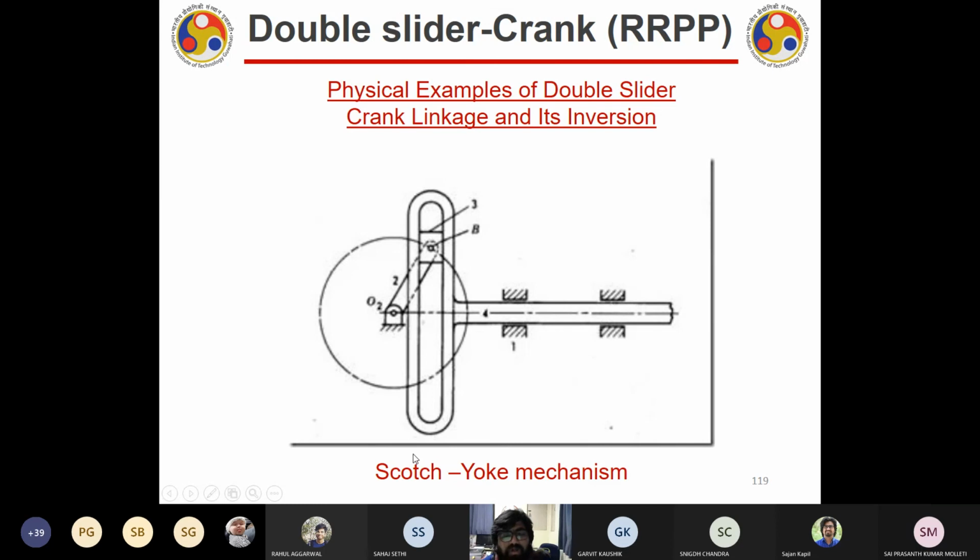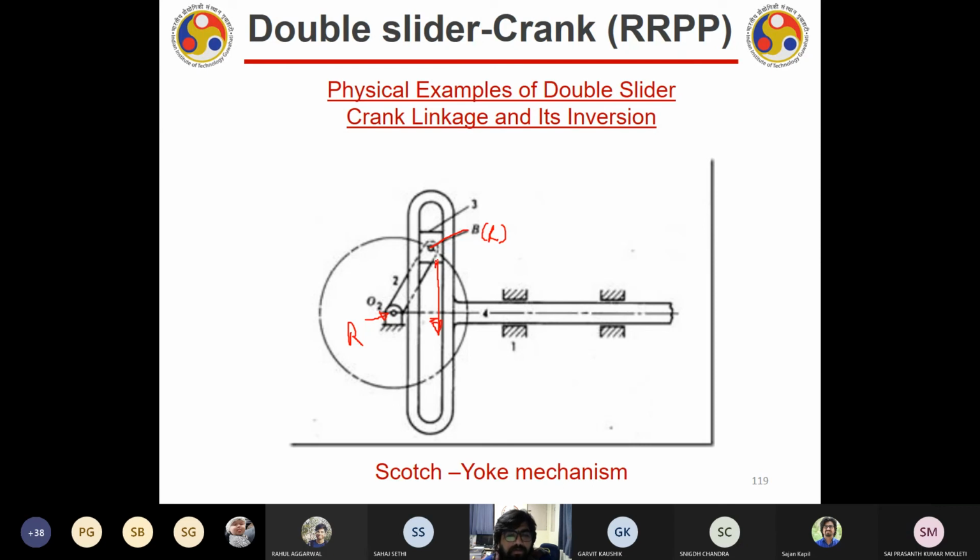First one is the Scotch yoke mechanism. What happened in the Scotch yoke mechanism? For example, this particular joint is a rotary joint, let me write it as R. Then there is a piston, number 3, attached with the joint B, which is again nothing but R, a rotary joint. Then there is a piston which moves up and down in this slot. But it is a piston, not a pin in a slot.